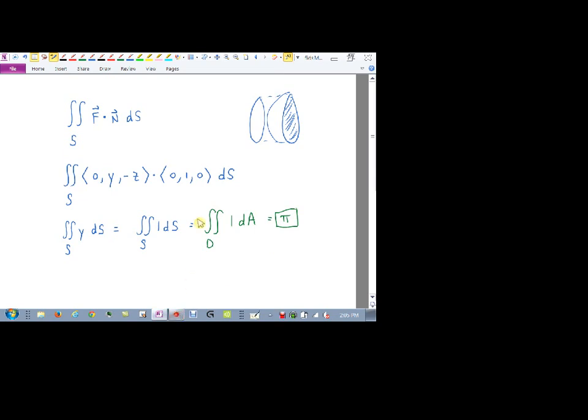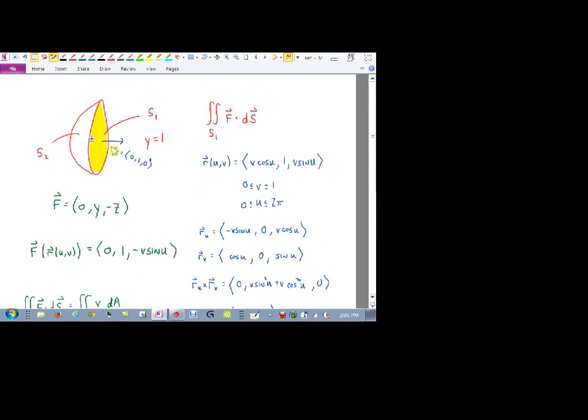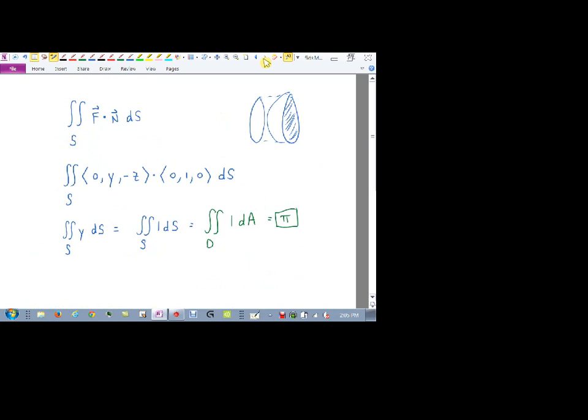Now, we've only done S1, right? I need to do S2. Here's S2, so let's go for S2 now. So far we're at pi, right? S2, we said the y-coordinate, x squared plus z squared, was this paraboloid, right?